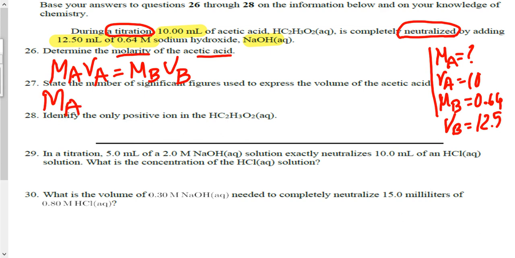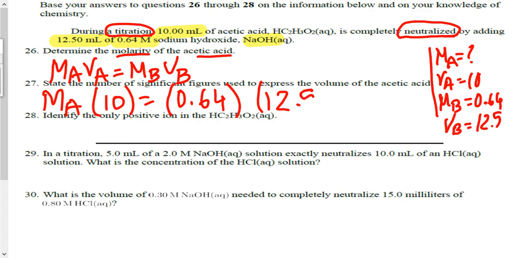We don't know MA, VA is 10, MB is 0.64, and then VB is 12.5. If you solve this equation correctly, you'll get the answer MA as 0.8.